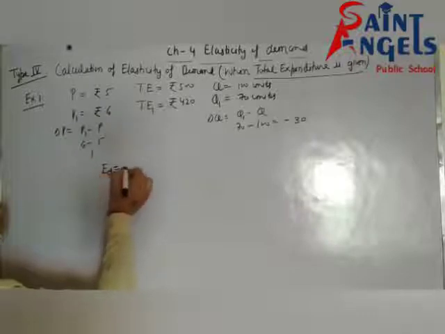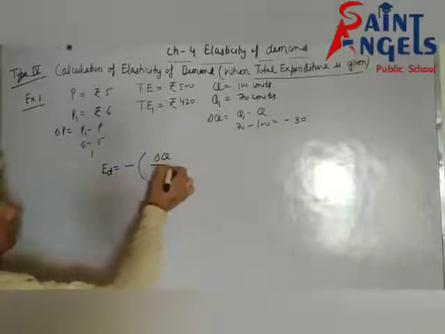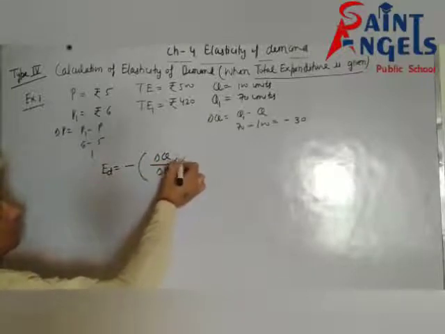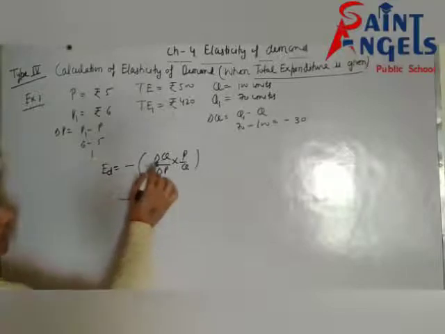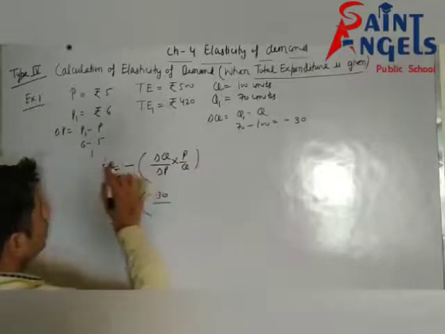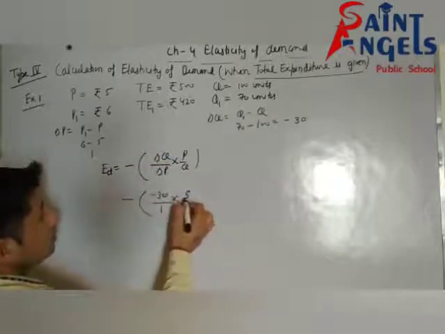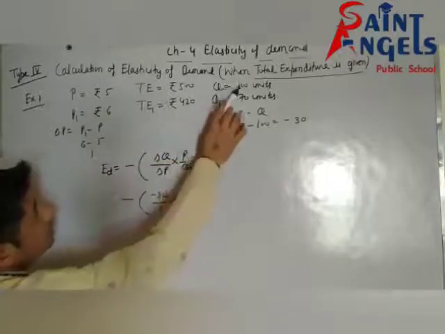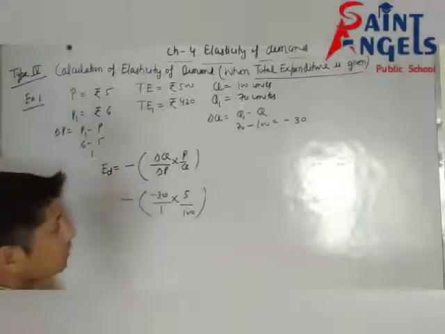ED is equal to minus delta Q divided by delta P into P by Q. Minus delta Q means minus 30. Delta P means 1, into P means 5, Q means 100. I hope all of you have understood.